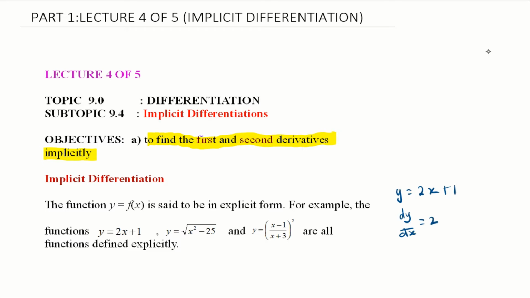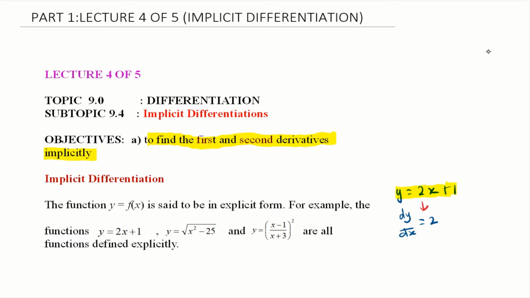So as you can see, y equals 2x plus 1, we can differentiate and directly get dy/dx. In this case, y equals 2x plus 1 is called an explicit function, since we have y as the subject.